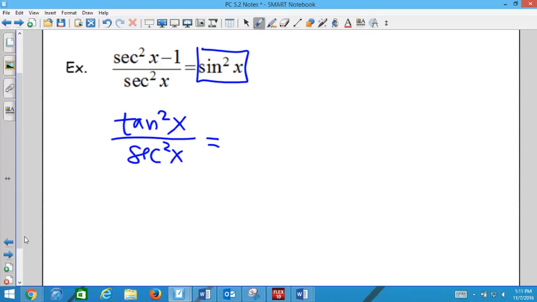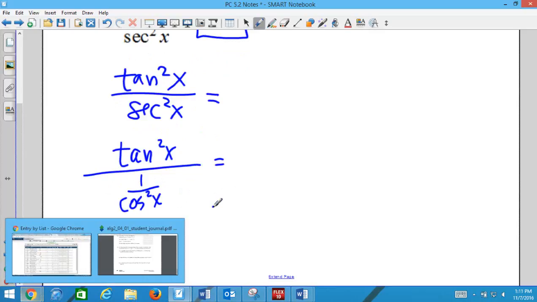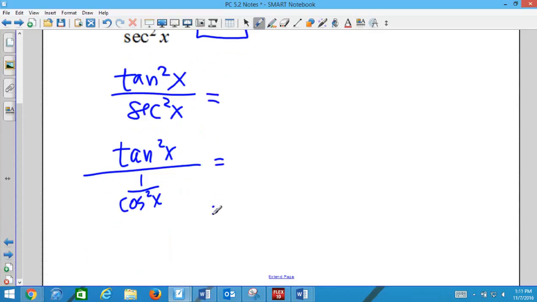I'll do the first way since you guys gave me weird looks on the second one. But if I'm dividing by a number, instead of dividing by the number, I could also multiply by the reciprocal. So I'm going to have tangent squared x multiplied by cosine squared x over 1.